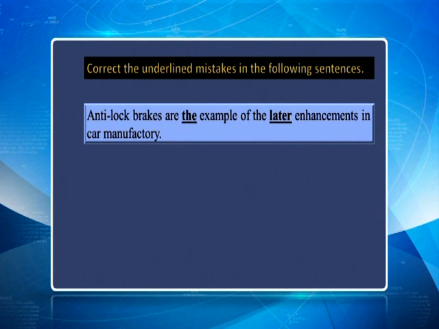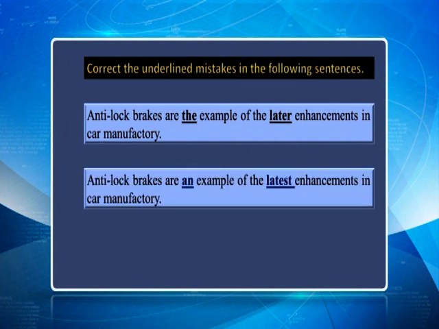And the later, here you'll have a look at the definite article the before an adjective. The later. Do we take the comparative or superlative form? It must be superlative, that is the latest. And your answer must be anti-lock brakes are an example of the latest enhancements in car manufacturing.